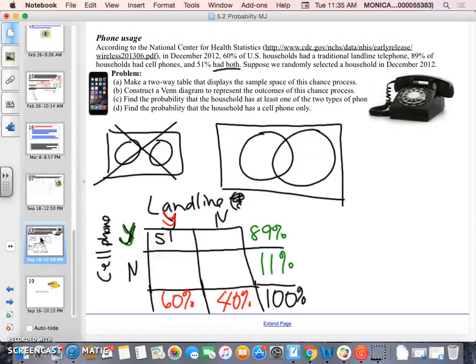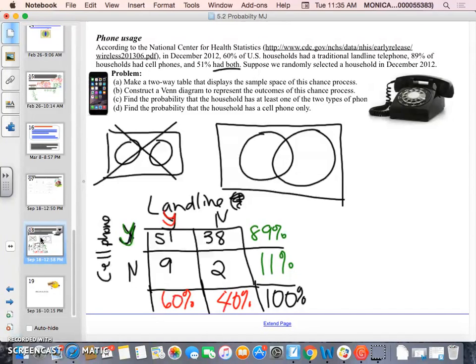If this is 51%, this has to be 38. And if this is 51%, then to add up to 60, this has to be 9, and 9 plus 2 is 11%.